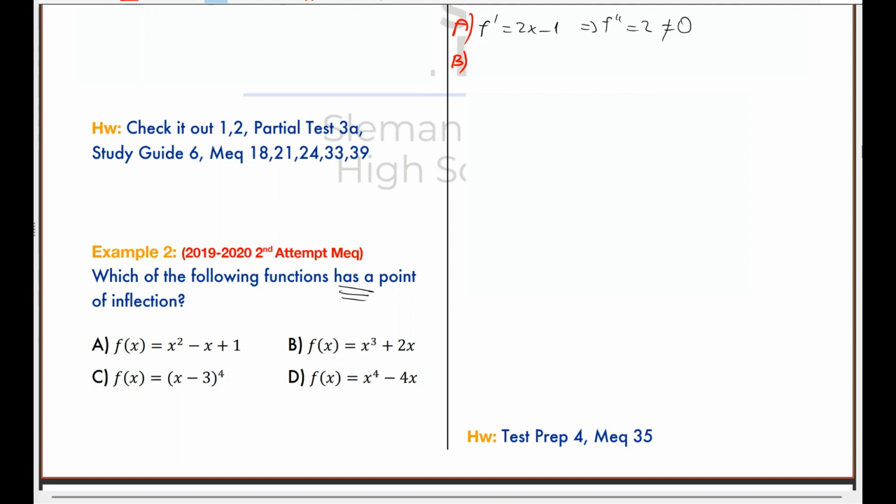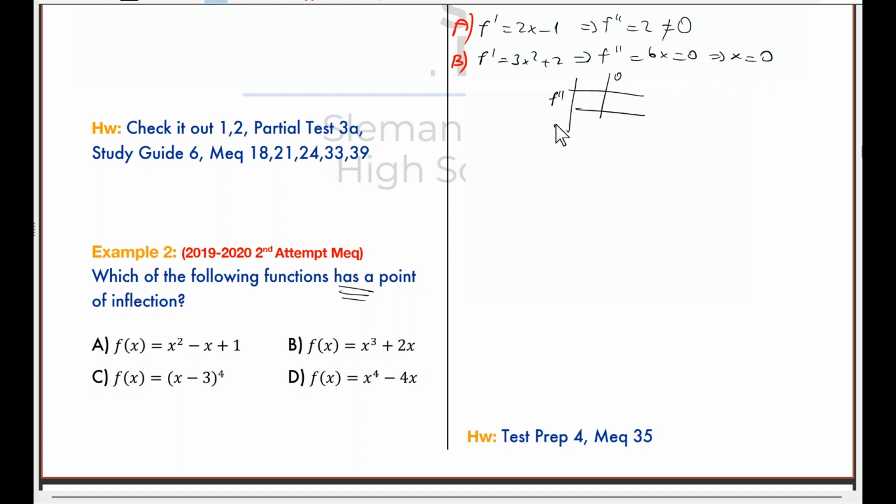B. First derivative, 3x squared plus 2. Second derivative, 6x being equal to 0, then x is equal to 0. We have a number that makes second derivative 0, but does it change the concavity? Let's see.